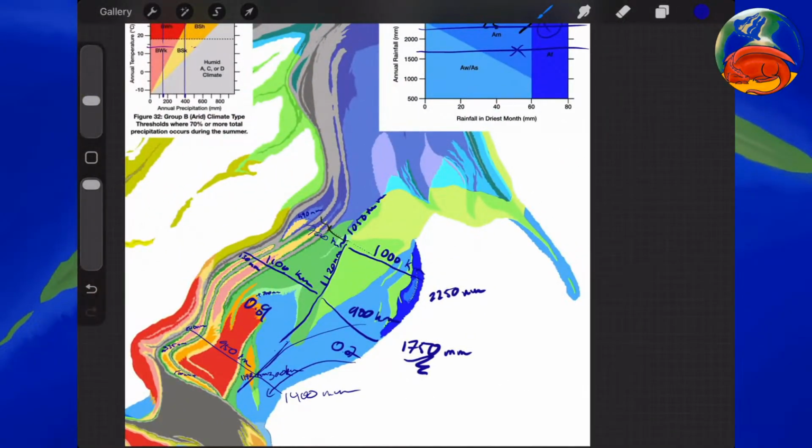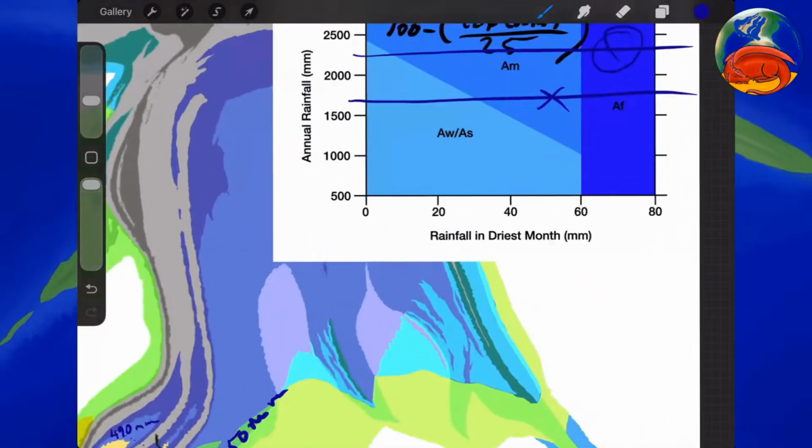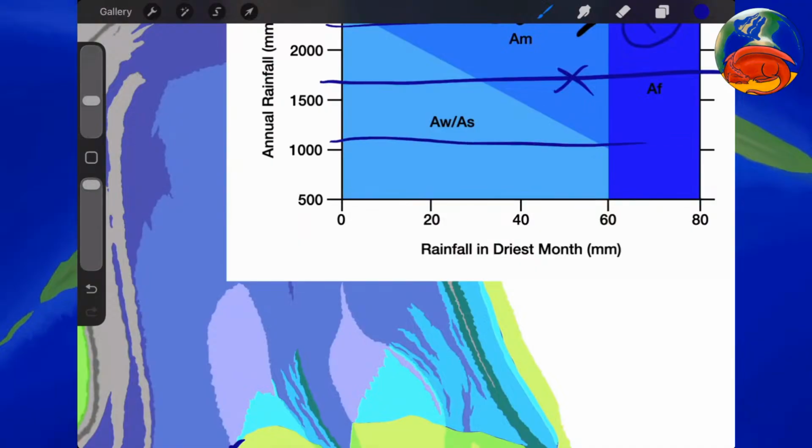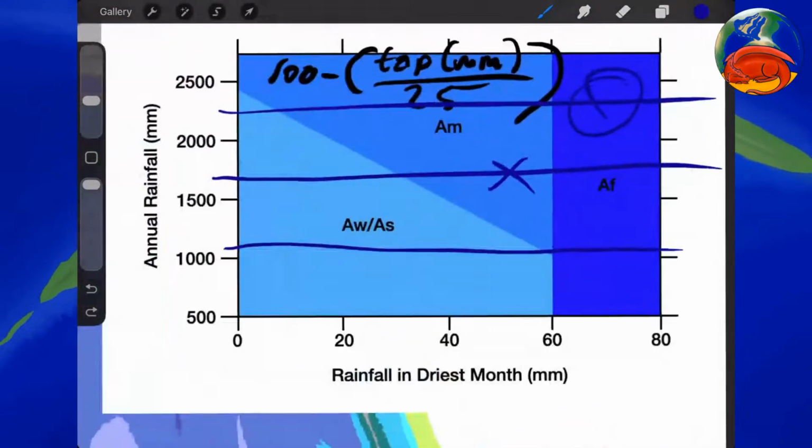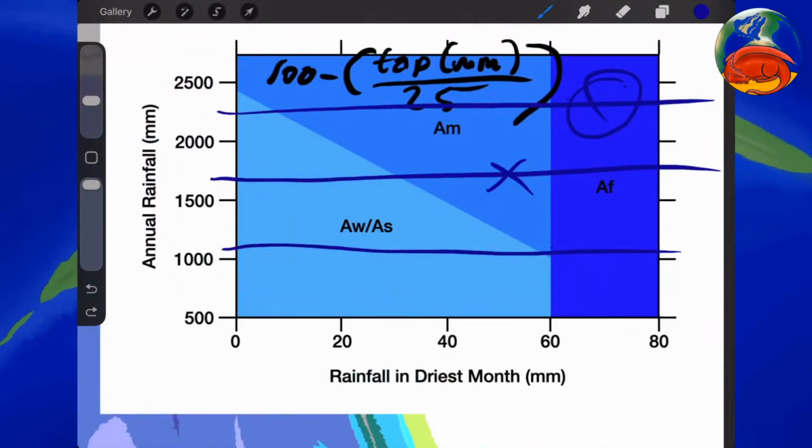And over here in this middle region, we are down there, and we're going to be pretty solidly, as we can see, AW/AS. And that's especially because that's where this shifts away. But as we get closer, we're essentially going to be working like that.